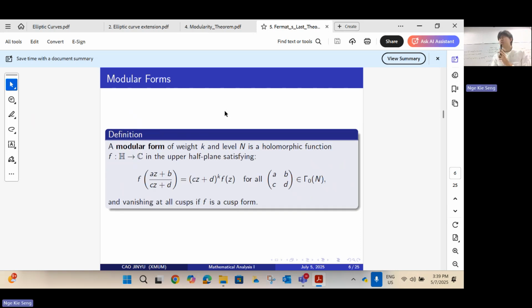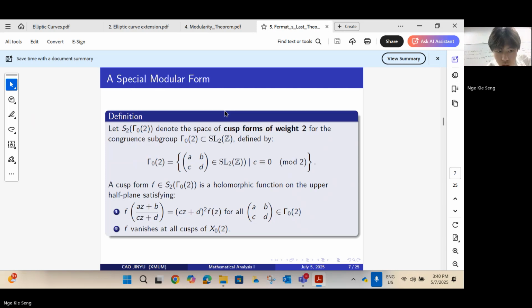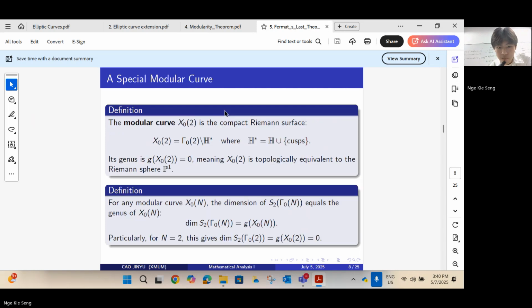Next, we will consider a special modular form. We denote the space of the cusp forms of weight 2 as S2(Γ0(2)), and Γ0(2) is a matrix set.